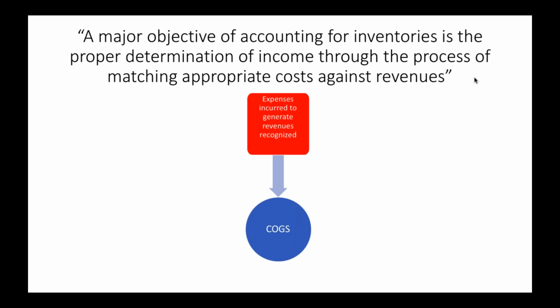It doesn't apply just to inventory in a manufacturing company, it applies to all businesses, matching the costs incurred to generate the revenues that are recognized. So we have these two issues that we have to deal with. How do we value inventory at cost? How do we properly determine income through the process of matching?